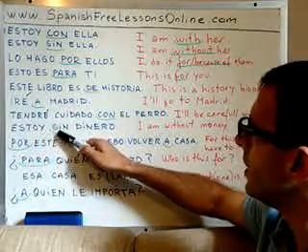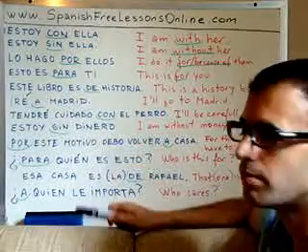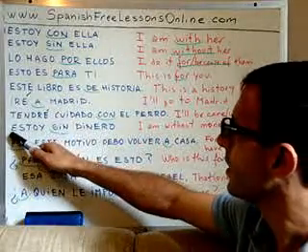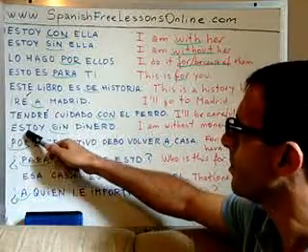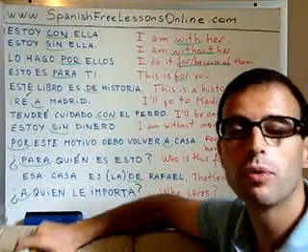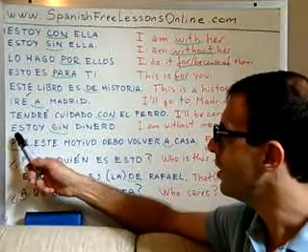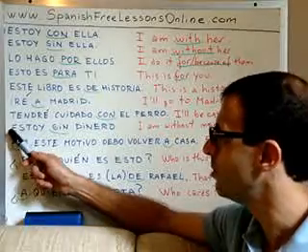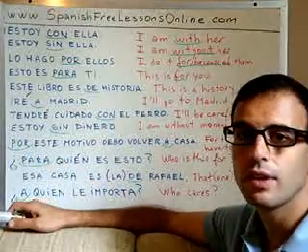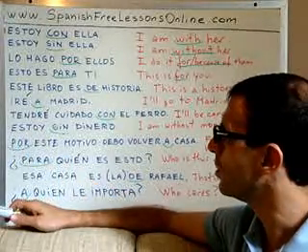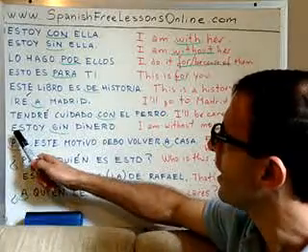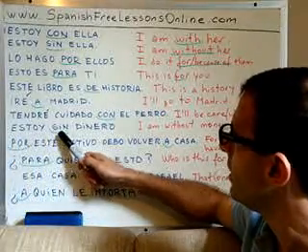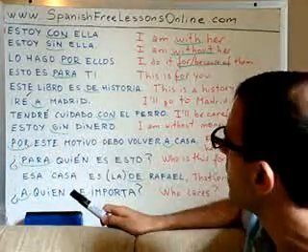Estoy sin dinero. This is I am, right? In one of our first lessons we learned the conjugation in present tense for the verb estar. It's a verb to be. Estoy sin dinero.